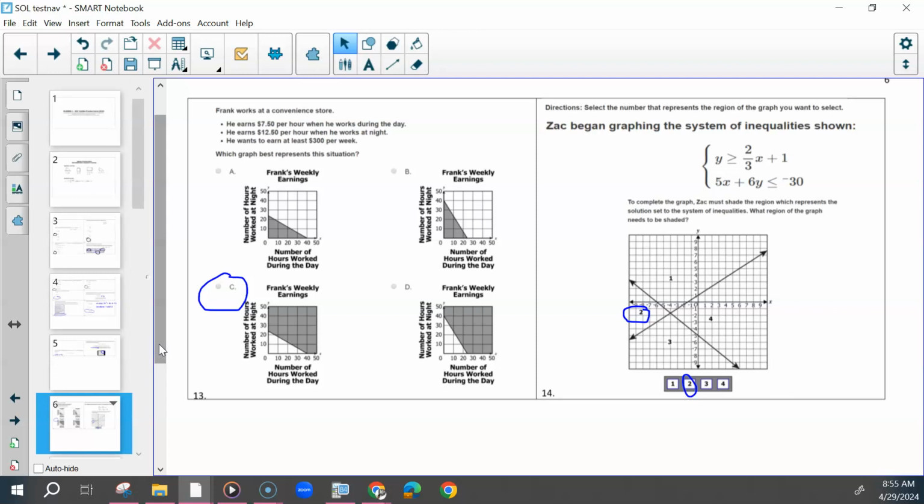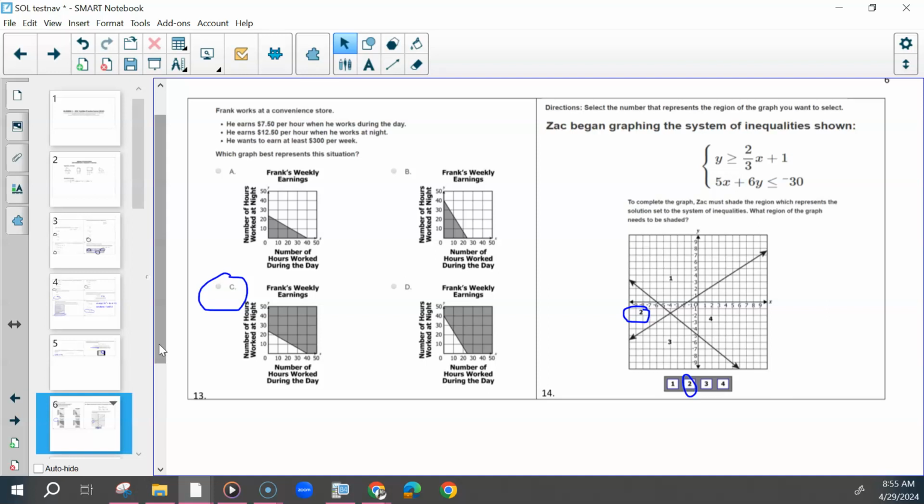Are there any of those we have questions on, whether by hand or in Desmos? Numbers 15 through 21 is due next Tuesday.